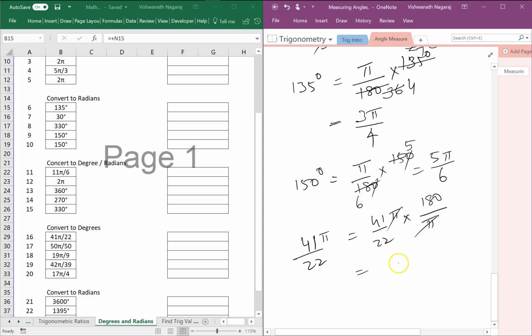Now simplify it. 2 11s are 22, 2 90s are 180. So 9 into 41 by 11, which is 369 by 11.